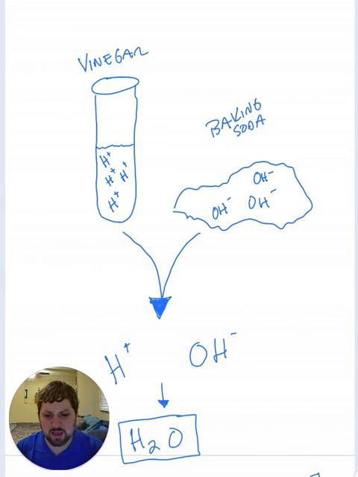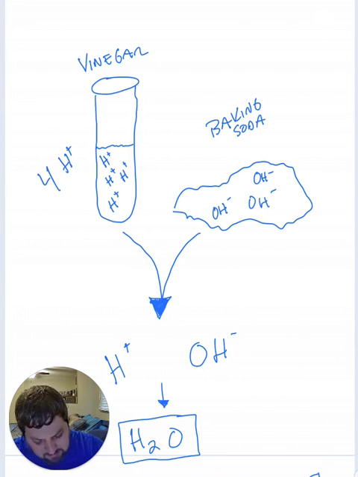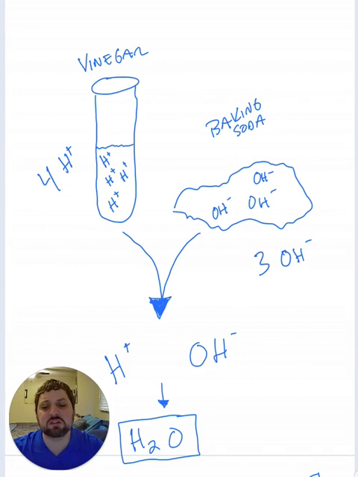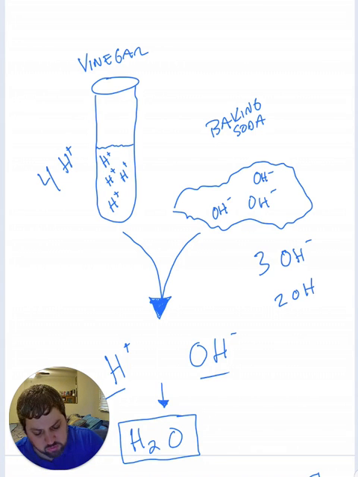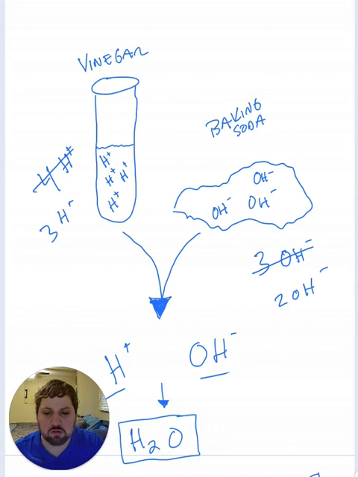So let's see what happens when I mix the two together. Well, here I can see on the left I have 4 H pluses. On the right I can see I have 3 OH minuses. So what does that mean? Well, that means that one of my hydrogens and one of my hydroxides can come together to form water, and that gives us 2 hydroxides and 3 hydrogens.